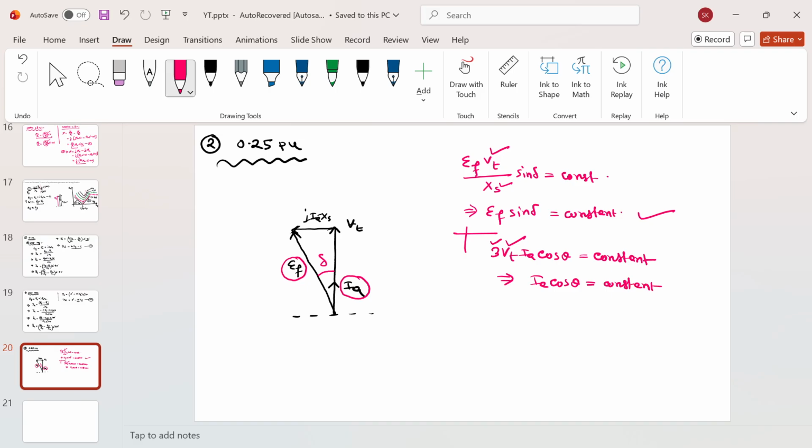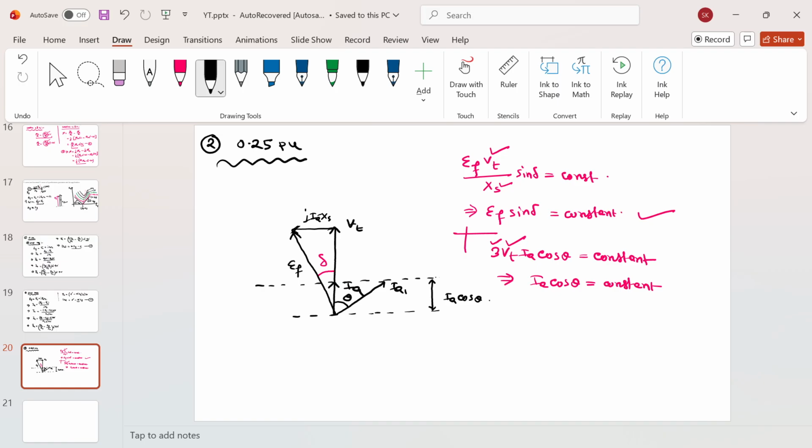And for various power factors, these two things have to be constant. Now observe carefully, this particular component is basically the IA cos theta component. Why is it IA cos theta? Just assume this was your armature current, let's say IA1, and this was theta.